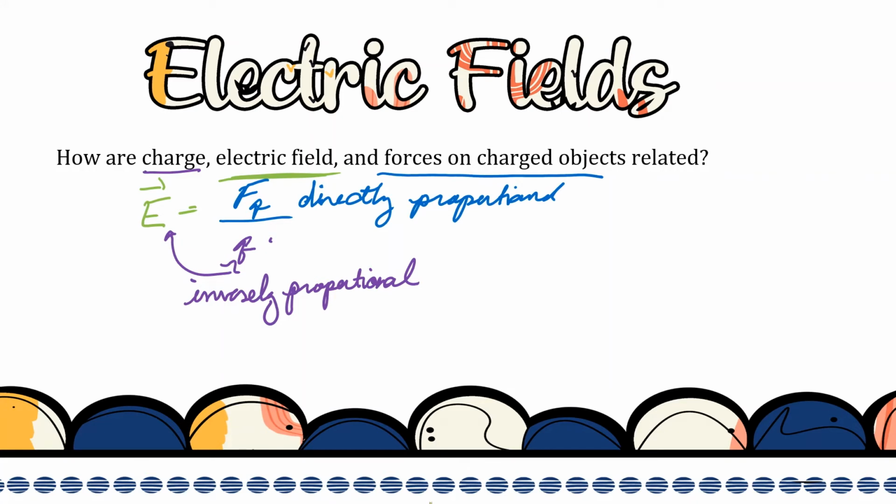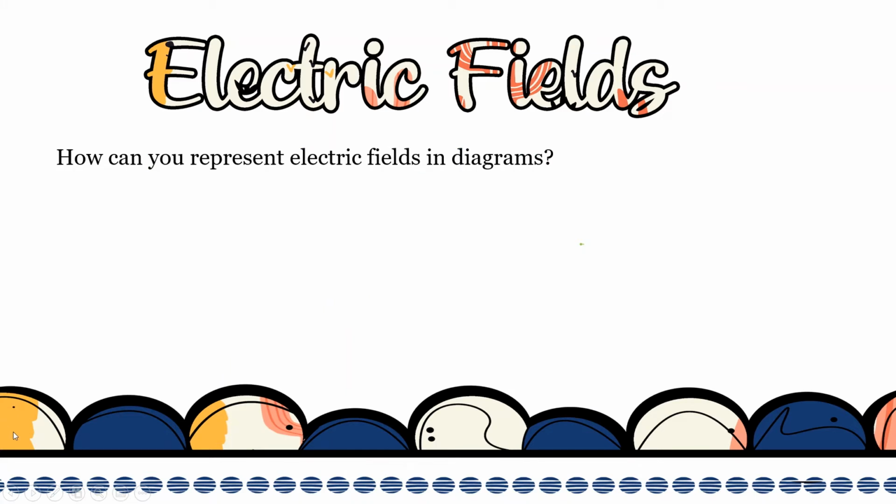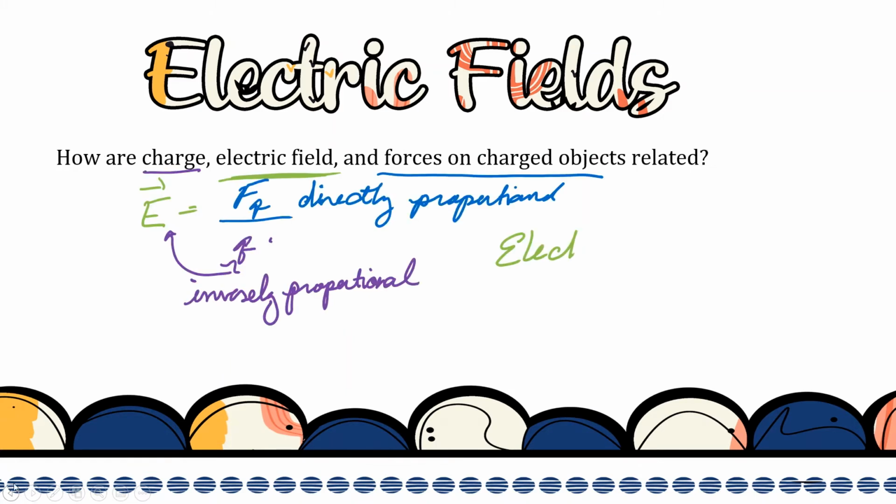But the bigger picture is that the electric field is the relationship between the charge and the force on charged objects, right? So the electric field is that relationship. So how are they all connected? By definition, the electric field is the connection between all of them.